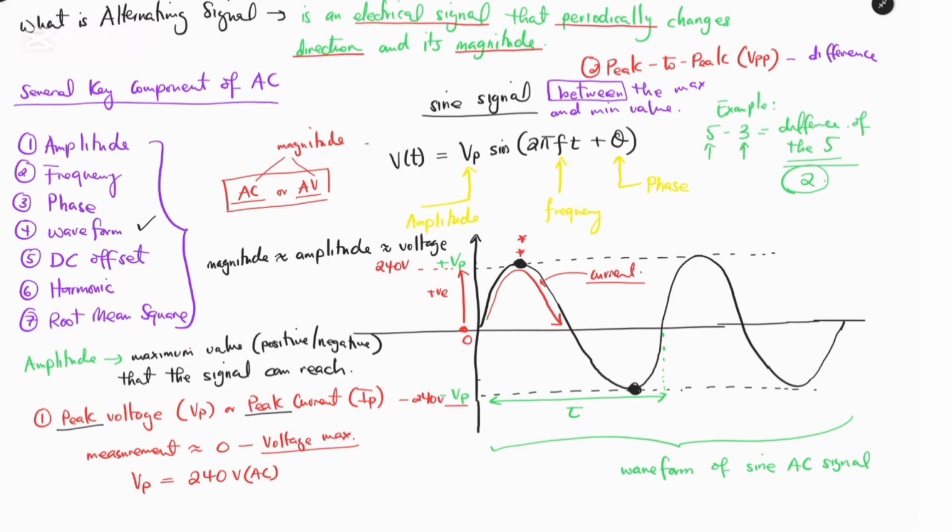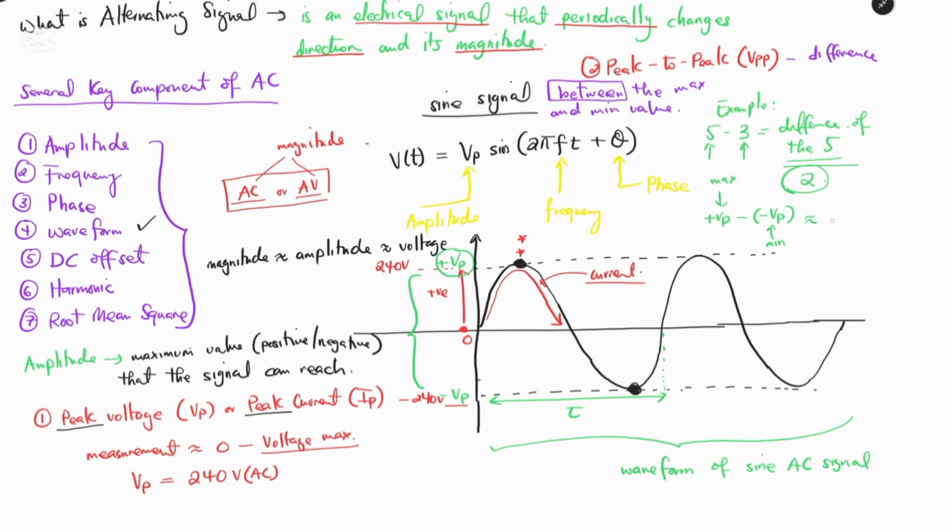Now with this similar idea of the difference, we are trying to take the difference between the positive and the negative. So we have positive Vp minus negative Vp. This is the max value, and we take the difference with our min value.